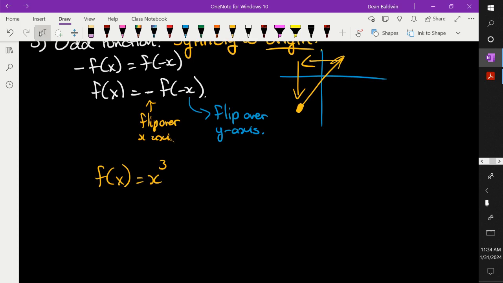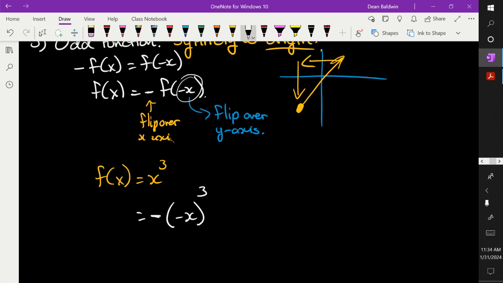If it's odd, then f of x is the same as negative f of negative x. So test it: negative, that's that one in front, f of negative x. So this goes in for x, like that.